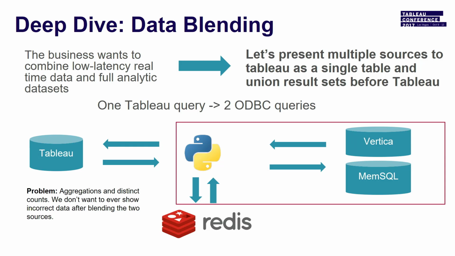There are some obvious potential data problems here with things like aggregations and distinct counts. We need to make sure that anything we're running under this system is something where we can just straight add the results together without it being incorrect. So we'll go into more detail about how we do that in just a bit.